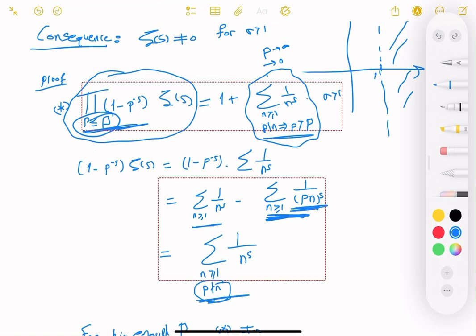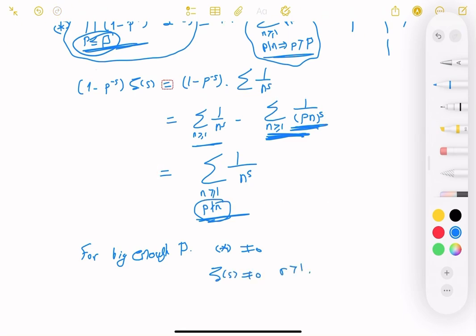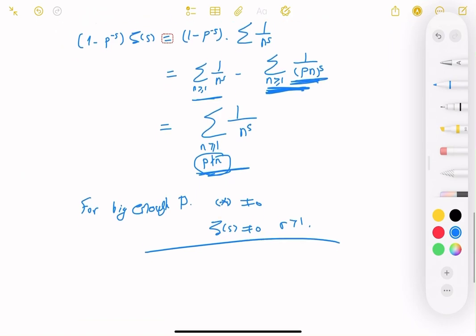So we can divide them out, and this makes zeta not 0 for sigma bigger than 1. Okay, so this finishes the first important consequence of this Euler product representation. There is yet another important consequence of it, and it's the following.